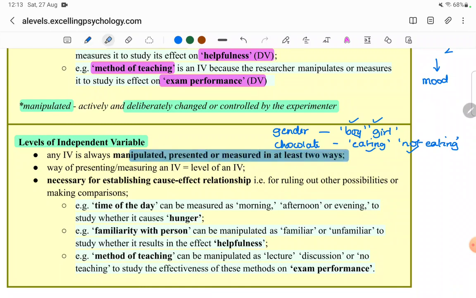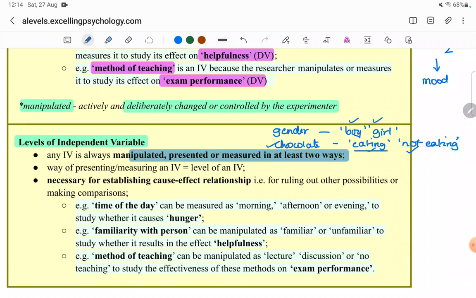See, a researcher wants to conduct a study. He wants to see what change an independent variable is bringing about in the dependent variable. Of course, he's not going to study only one value of the independent variable. Why is that? Let's take the chocolate eating example again. If you want to study whether people's mood is better once they eat chocolate, you need some reference.